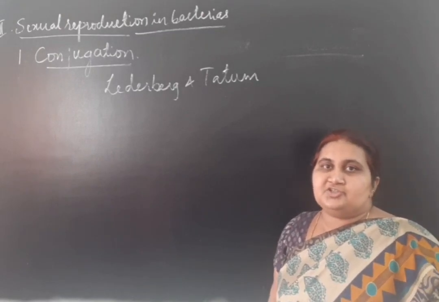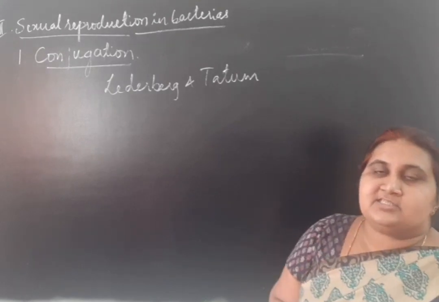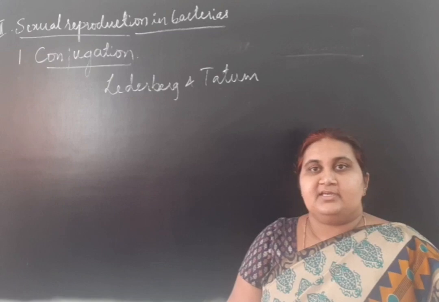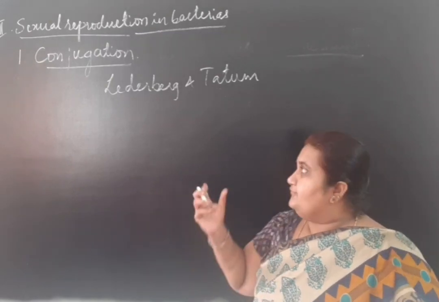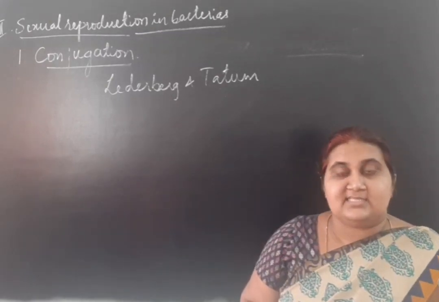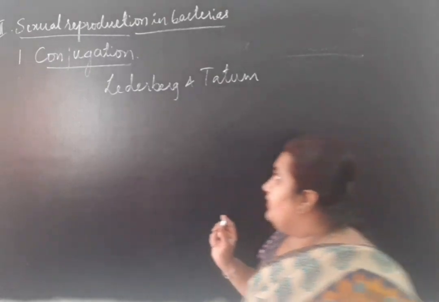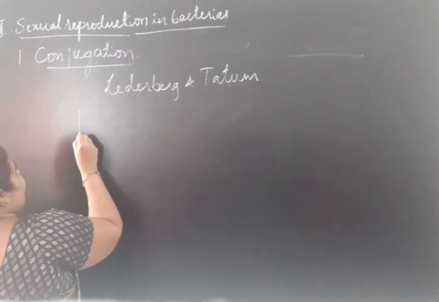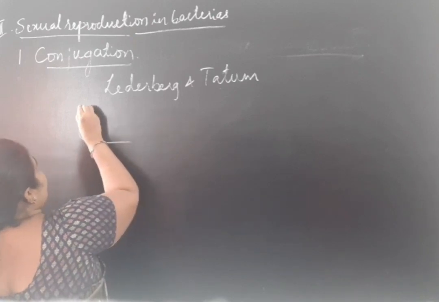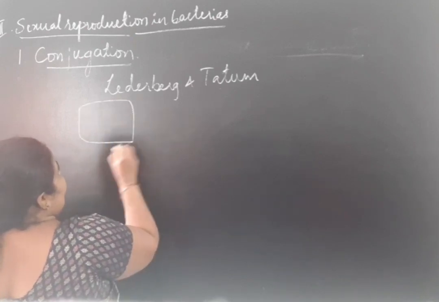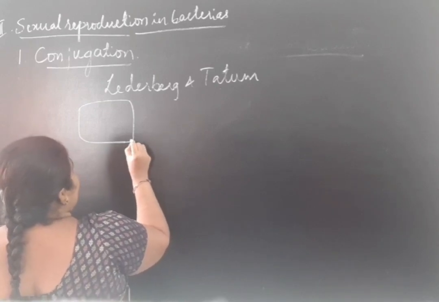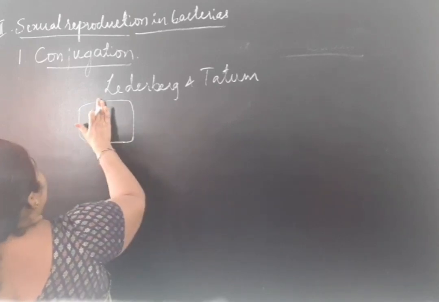Conjugation involves two bacterial cells. Here we find two different forms of bacteria, which we can call dimorphic. One is called the F plus bacterial cell, and the other is called the F minus bacterial cell.